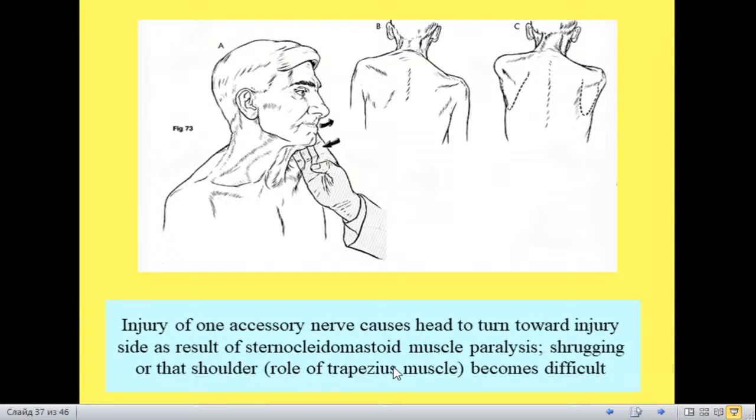And injury to accessory nerve causes head to turn towards injury site as a result of sternocleidomastoid muscle paralysis. Shrugging of the shoulder becomes difficult.